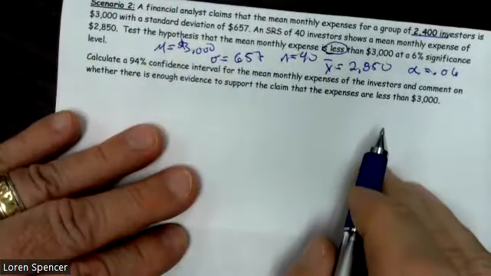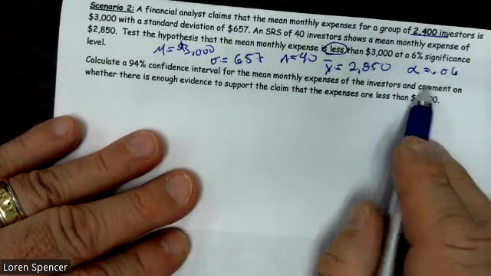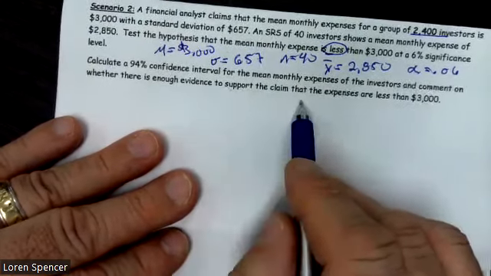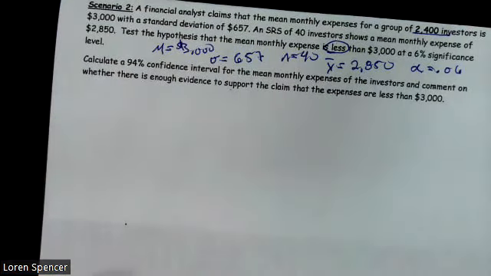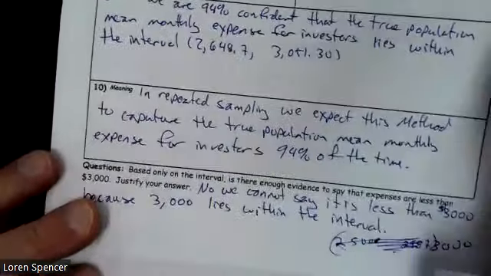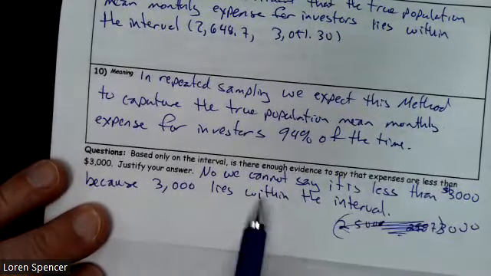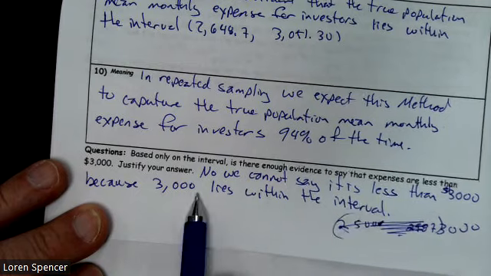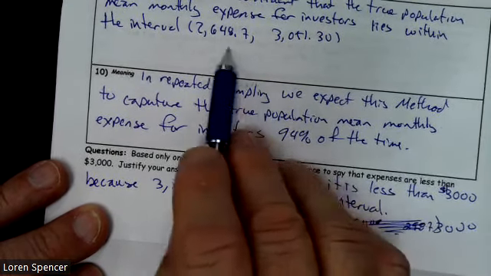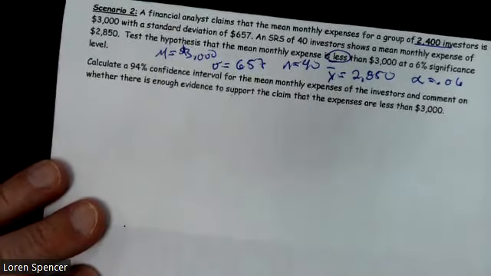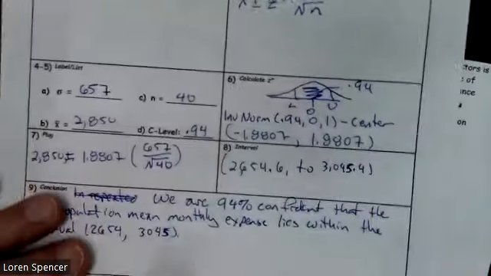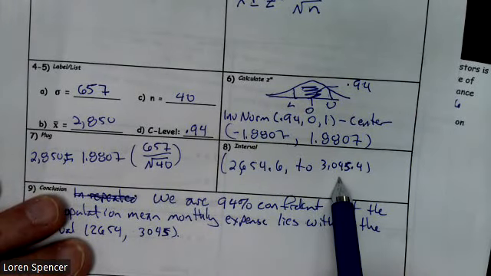Okay, last part of this. It says comment on whether or not there's enough evidence to support the claim that the expenses are less than $3,000. Well, when I look at it, we cannot say it's less than 3,000 because 3,000 lies within the interval, because the interval extends from 2654 to 3,045.